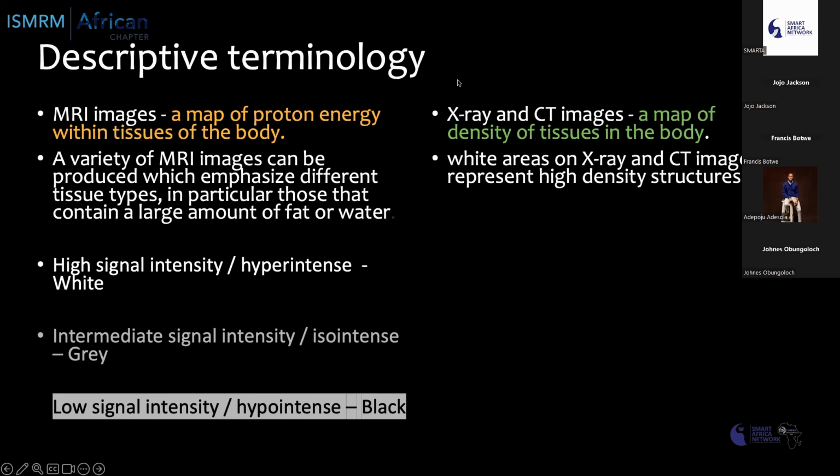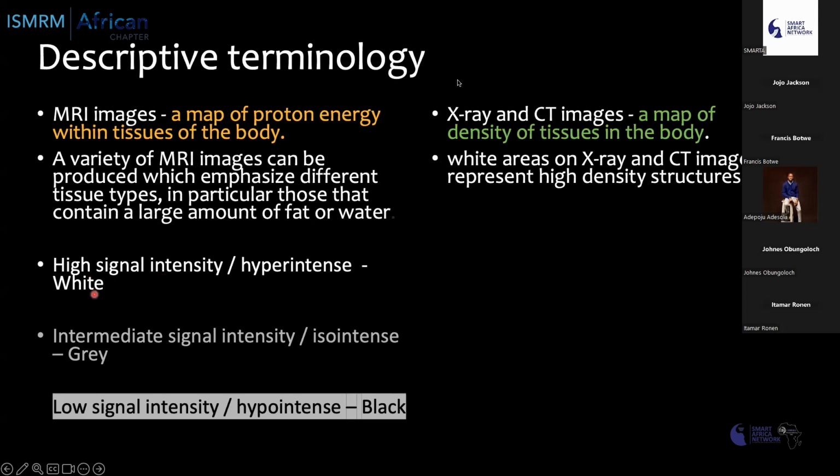Unlike CT and X-rays, which can be described as a map of density of tissues in the body, whereby very dense structures are seen as being white. On the MRI, when we see a high signal intensity, it's going to be seen as being white.